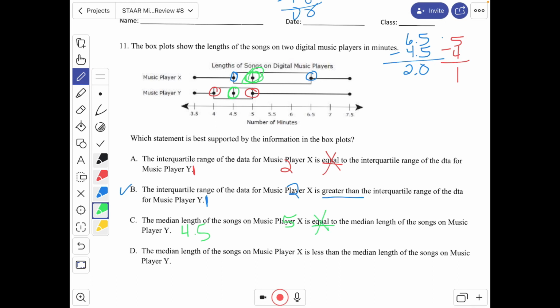No. The next one says the median length of the songs on music player X, which we already know is 5, is less than the median length of the songs on music player Y, which we already know is 4.5. So is 5 less than 4.5? No. So the correct answer is B.